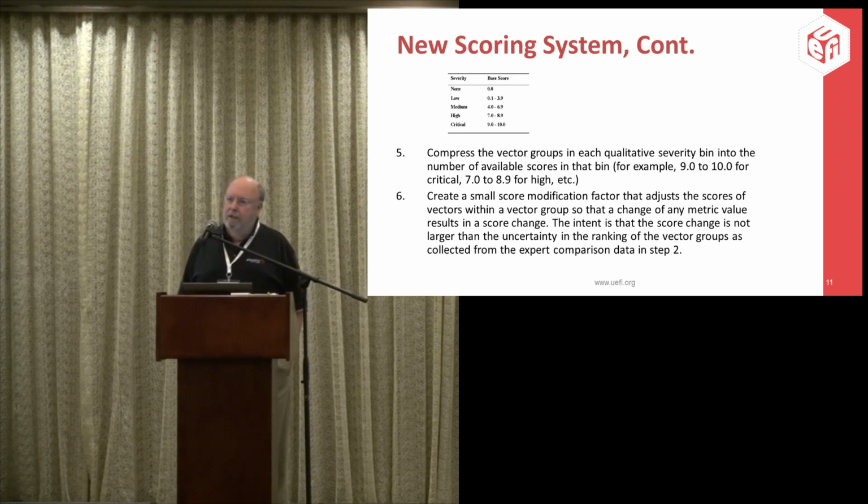Experts, using a really clever tool, compared the 271 vectors just in theory, looking at the vectors without a real bug behind them, just the scores, and said, given two vectors, this one looks more severe than that one, or that one looks more severe than this one, or they're about the same.